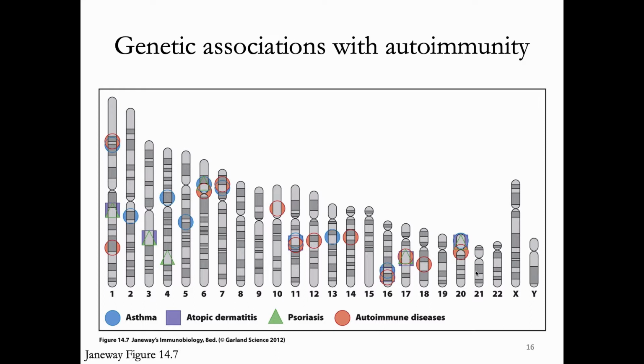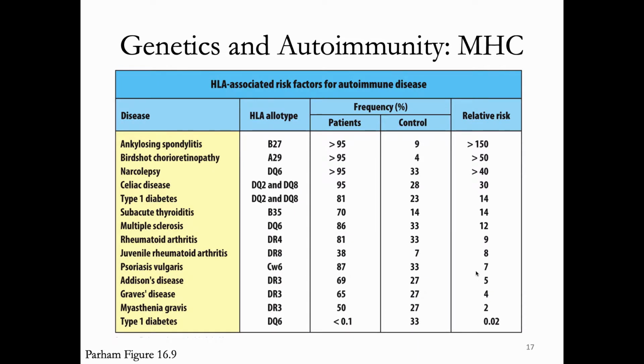If you look at this, you will notice that one place where we see all the shapes is on chromosome 6, this one area of chromosome 6. It's on the short arm of chromosome 6. What's in the short arm of chromosome 6? MHC.